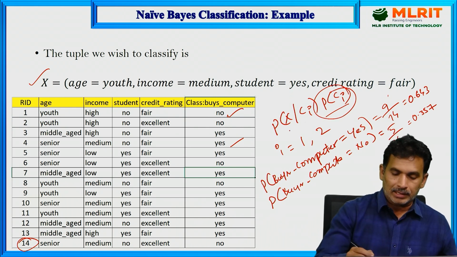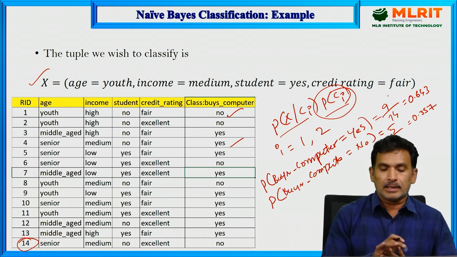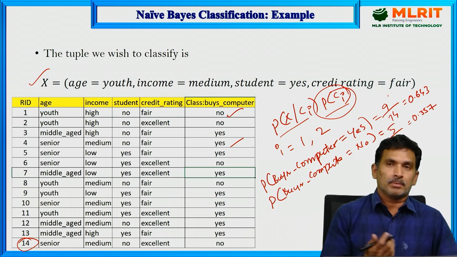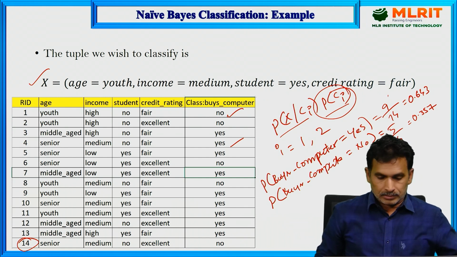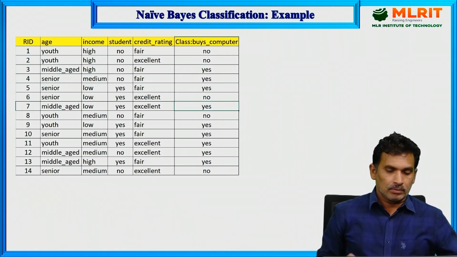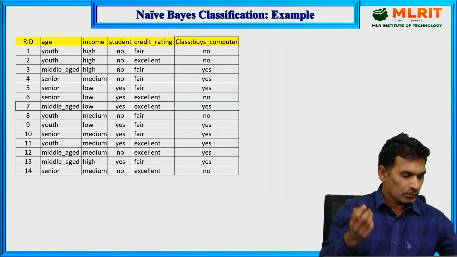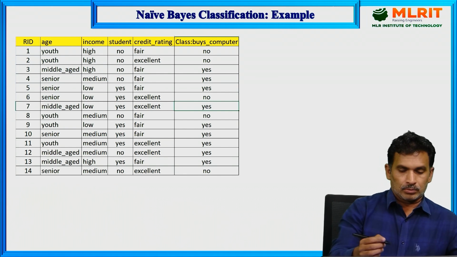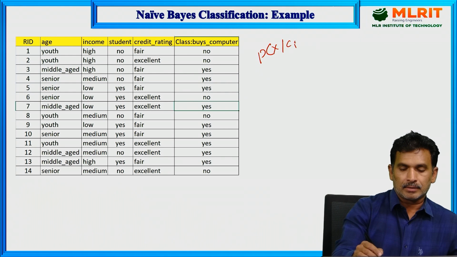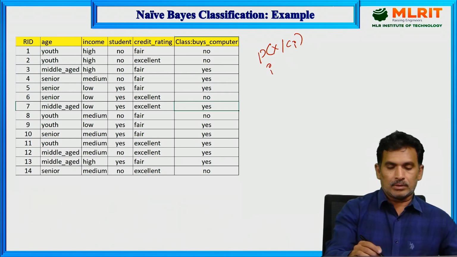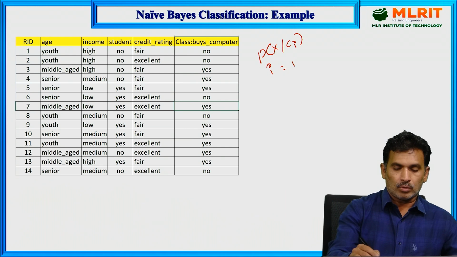Now we have to calculate this other part also, the probability of X given Ci. That is, the posterior probabilities also need to be calculated. So let us take another slide here. Let us calculate the posterior probabilities. Probability of X given Ci, where i equals 1 and 2.